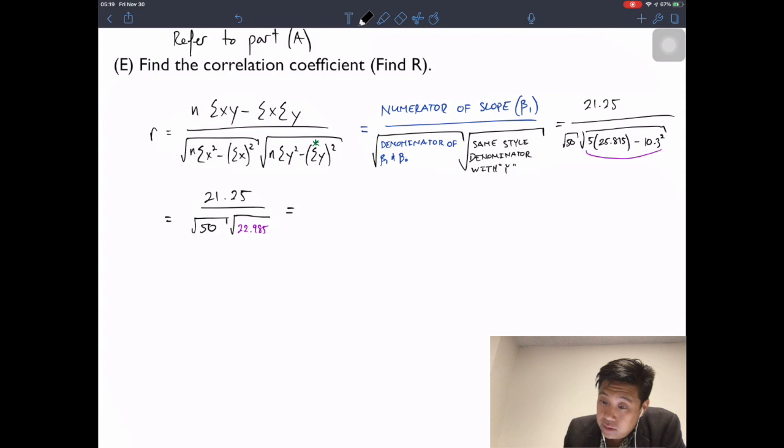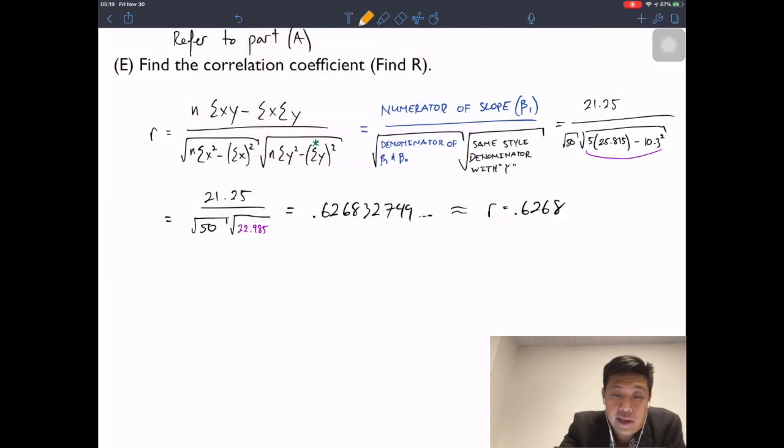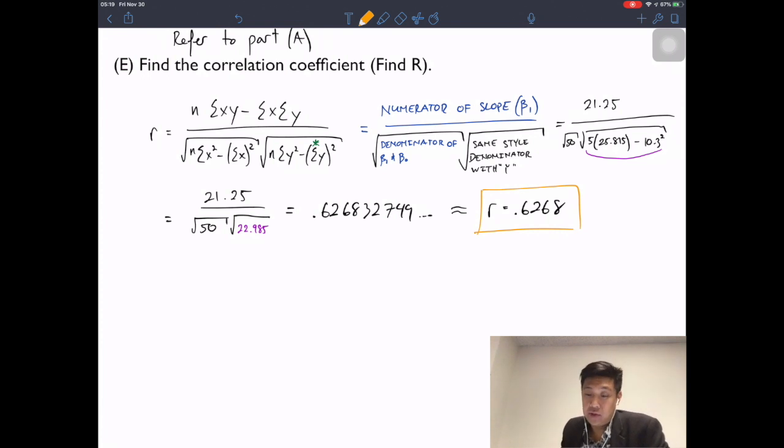Then you'll go, and you should get this answer, 0.626832749, whatnot. But basically, you're going to say that R is equal to 0.6268. And that's also read as 62.68% as well. So that's R, correlation coefficient.